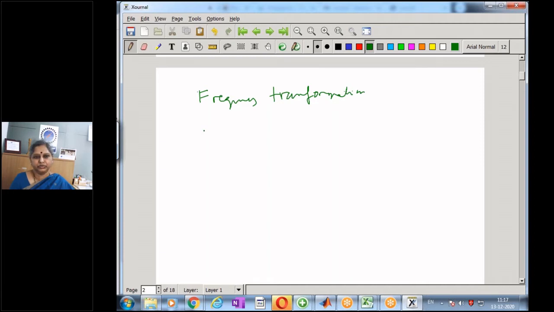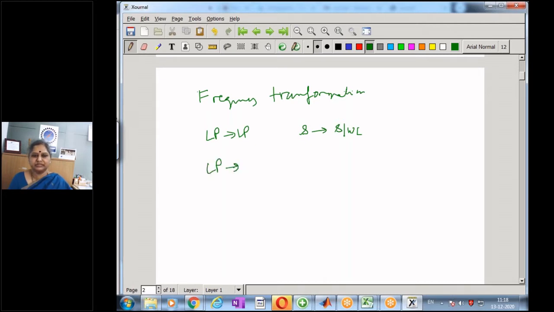If I want to convert a low pass filter to another low pass filter with any other cutoff, a low pass to low pass transformation, I just replace S by S by omega C, where omega C is my new cutoff. We have the initial design with a cutoff of omega C equal to 1. In case we need a low pass filter with another cutoff omega C, we apply the transformation: replace every S in the transfer function by S by omega C.